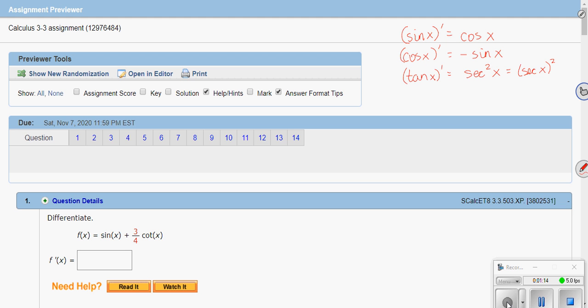We just usually write the square between the secant and the x. The derivative of secant x is secant x times tangent x. The derivative of cosecant x is negative cosecant x times cotangent x.